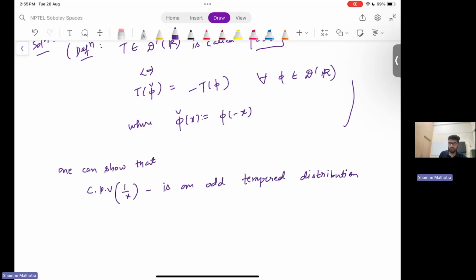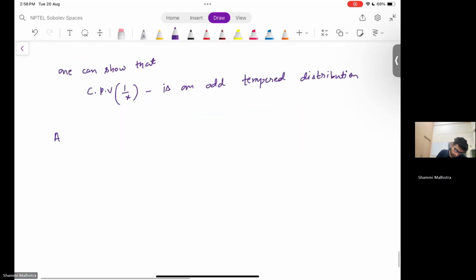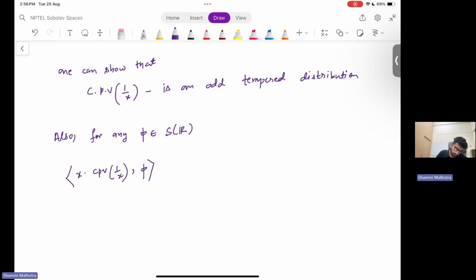And finally, one more thing we would like to see: for any phi in the Schwartz space that we have considered, x times the Cauchy principal value of 1 by x, acting on phi. Let me not write it in bracket terms, it may be confusing.